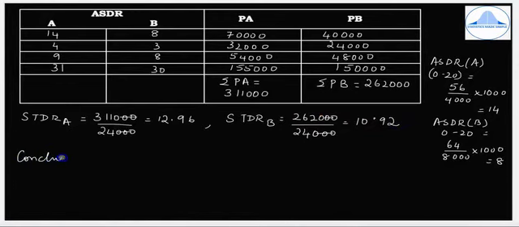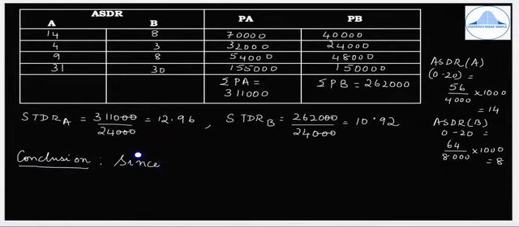So how do you write the conclusion for a problem based on STDR? STDR is the standardized death rate. For whichever village or town or city the STDR is lower, it means that particular village, town or city is healthier. So among the two STDRs, whichever is lesser, you start with that first.